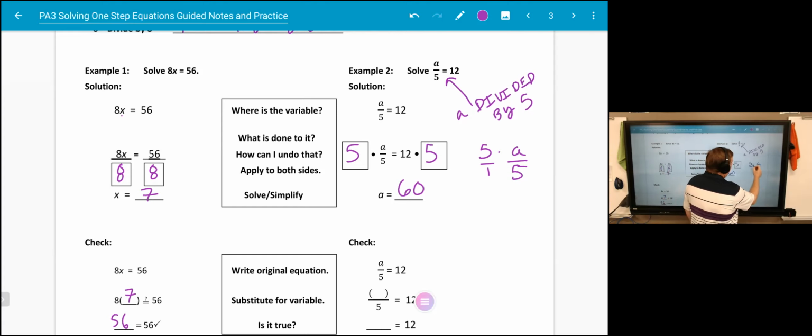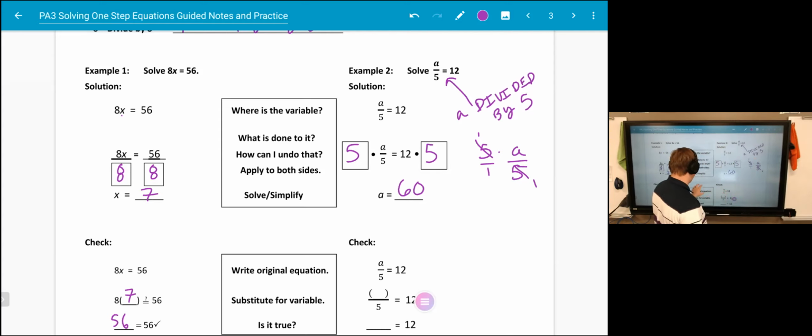This could give me 5a divided by 5. 5 divided by 5 is 1, and that's the whole purpose. Because now we've got 1a, or we just write a. Or you could think about the simplification. 5 divided by 5 is 1, and I'm just left with 1 times a divided by 1 times 1. A divided by 1, a.